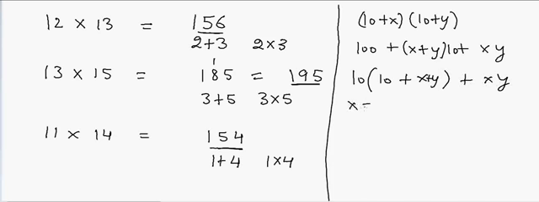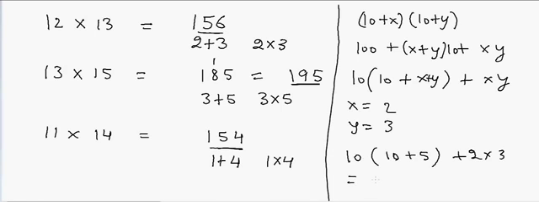So if x is equal to 2 and y is equal to 3, you can see it will be equal to 10 into 10 plus 5 plus 2 into 3. So that will give me 150 and then 6. So it will go to the 10th place. That's how this trick works.